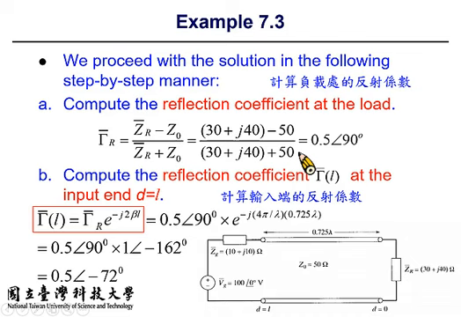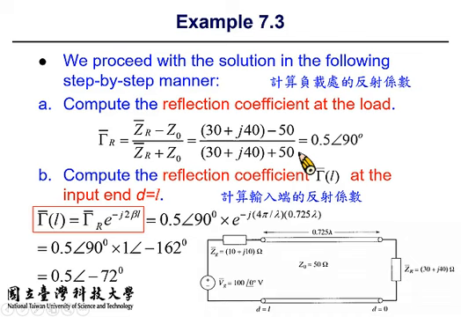Then the second thing is to calculate the reflection coefficient at the input, the left end, which is d equals L. Using this formula, Gamma L equals Gamma R times the propagation translation in terms of phase, in terms of angle: exponential of minus j 2 beta L. We know L is 0.725 lambda. You substitute the number and beta, converting beta as 2 pi over lambda.